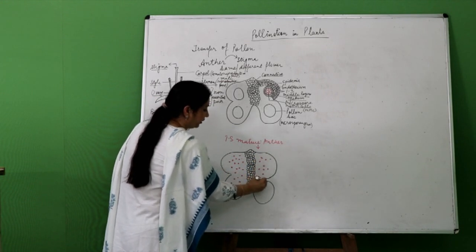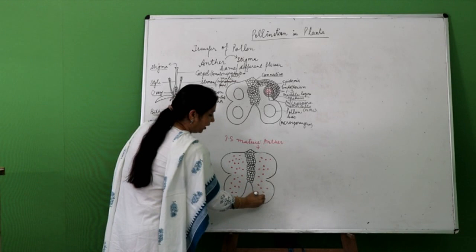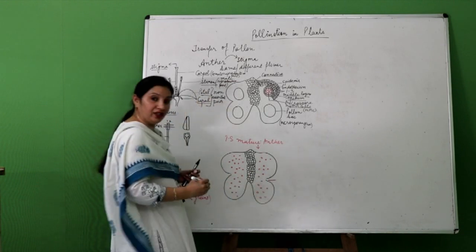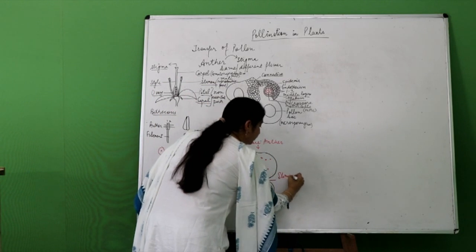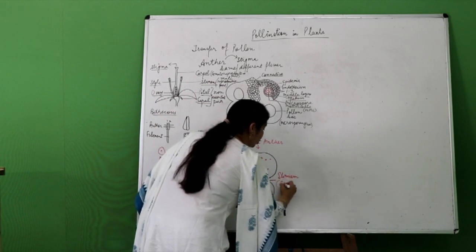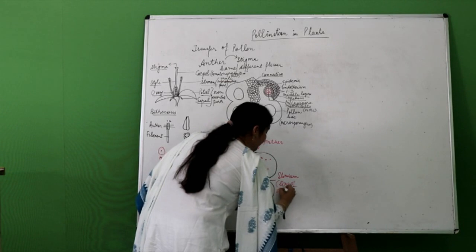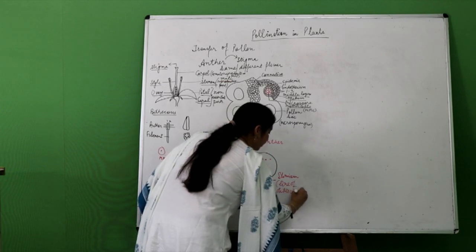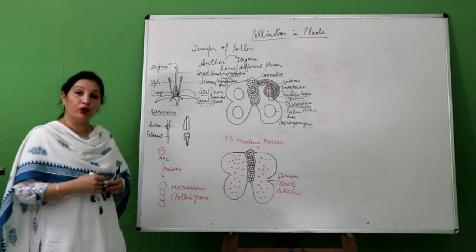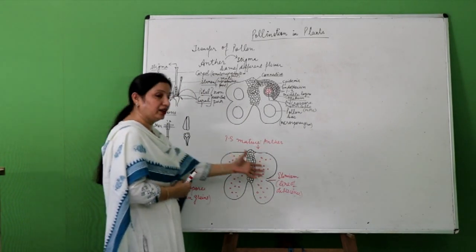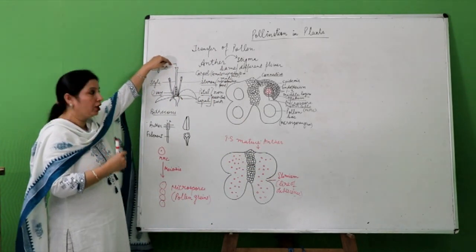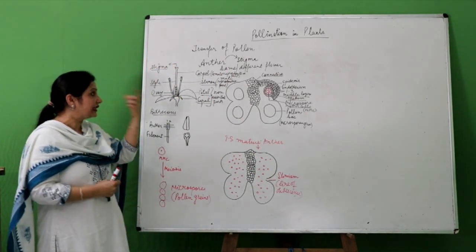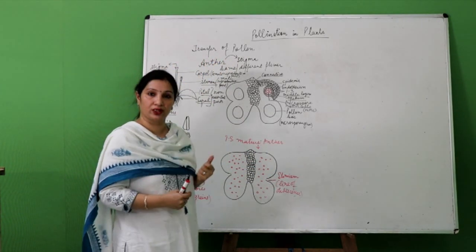And these pollen grains are released out at a point known as stomium, that is also known as line of dehiscence. So these pollen grains are released from the anther and then they fall on the stigma of the same or a different flower. So this is known as pollination.